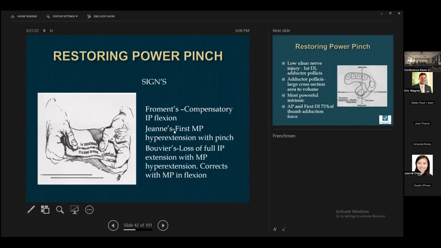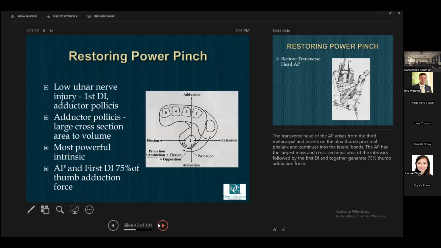Then there's Jeanne's sign, which is first MP hyperextension with pinch, and Bouvier's sign, which we also see in the digits, but it's loss of full IP extension with MP hyperextension that corrects with MP flexion.